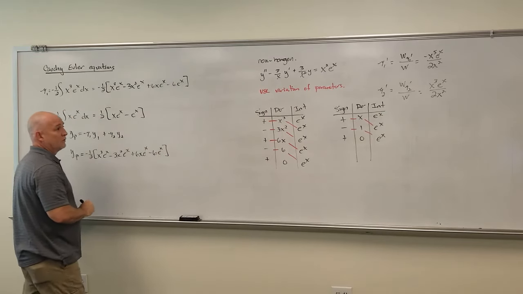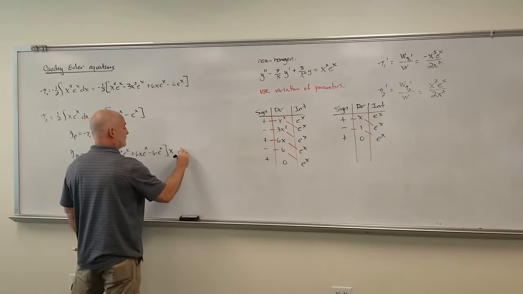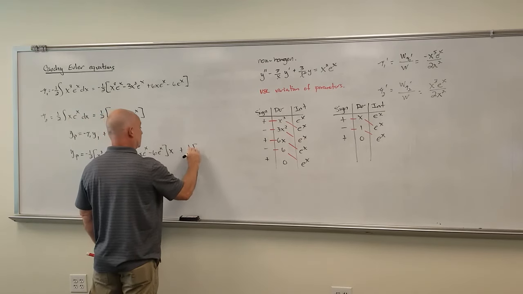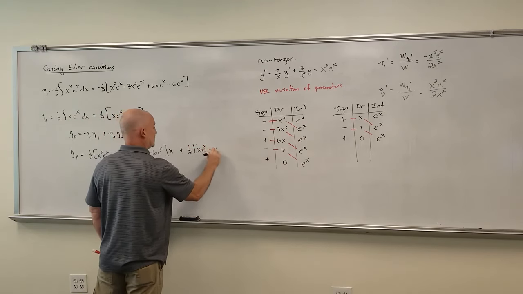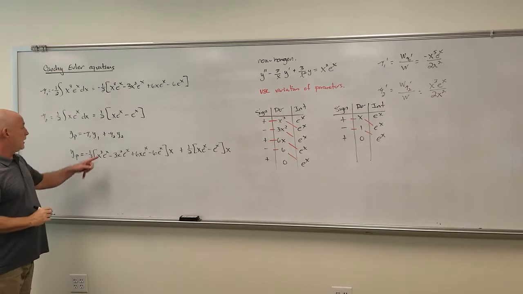Well, our y1, if I remember right, was just x, plus mu2, x e to the x minus e to the x, times our y2.